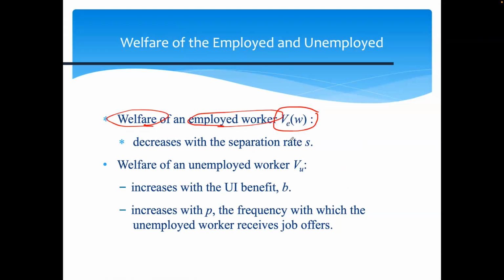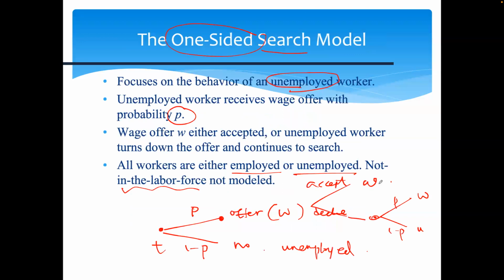And by the way, I forgot one thing. If you have a job offer and you accept, then when the next period comes, there's a probability S that you become unemployed. With probability 1 minus S, you stay employed, you keep working. This is a simple way to model the probability.